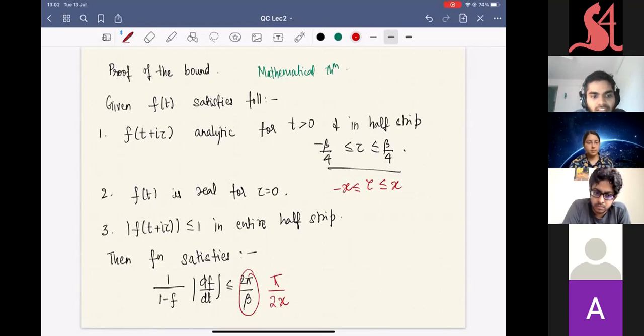So I guess it immediately suggests that if you had a 6-point OTOC, you would probably end up with a beta by 6 separation arc, and the x is correspondingly beta by 6. And then that would probably give you the Lyapunov exponent for higher OTOCs and so on. I don't remember how the 6-point OTOC is bounded, but I guess this probably gives you that answer. Okay, I'm not sure about the 6-point out-of-time-order correlator.